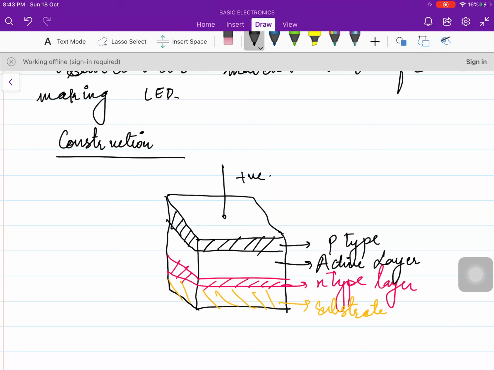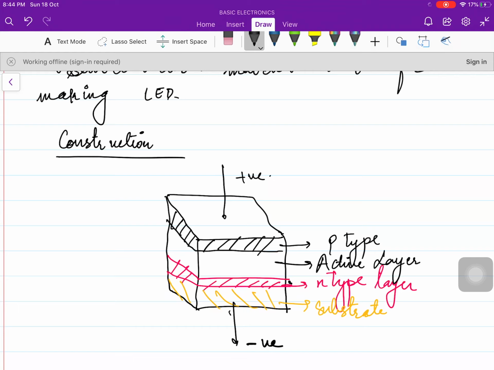Because we all know that in a p-n junction, the middle portion of that semiconductor is called the junction, and only at the junction will the recombination take place and the light be emitted as energy. So the active region is the area where light is emitted and recombination takes place. The bottom-most layer is the substrate, and we have a negative cathode over here. So this is how the LED is constructed.